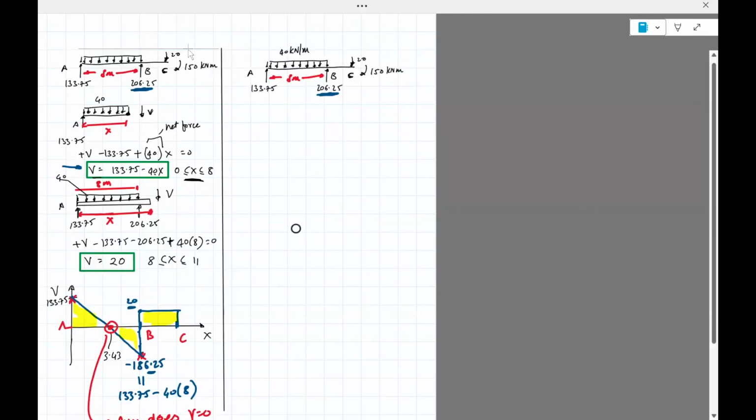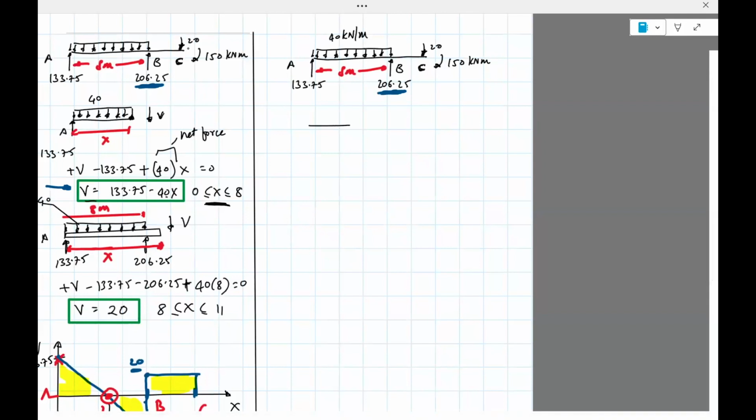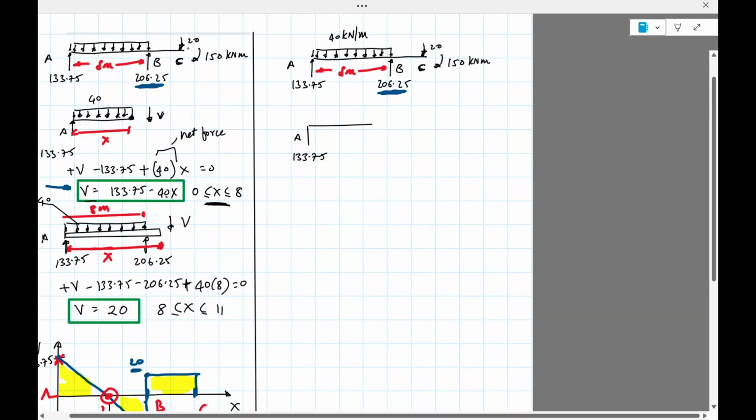Okay, like the previous case, we only need to consider two sections, one between A and B, another between B and C. So let's do that. This is A, 133.75, put a moment M, and then the distributed force.